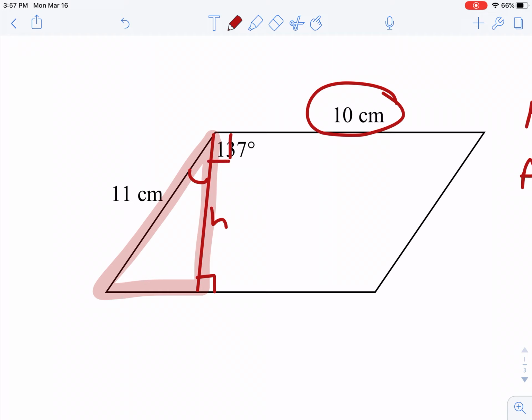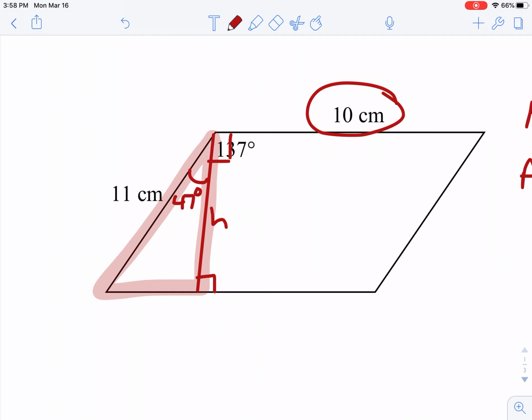This has to be a perpendicular angle, and the whole thing is 137 degrees, so that's going to leave me with 43 degrees. Not 43, 47. So that has to be 47 degrees because we took away that 90 and that's what's left.